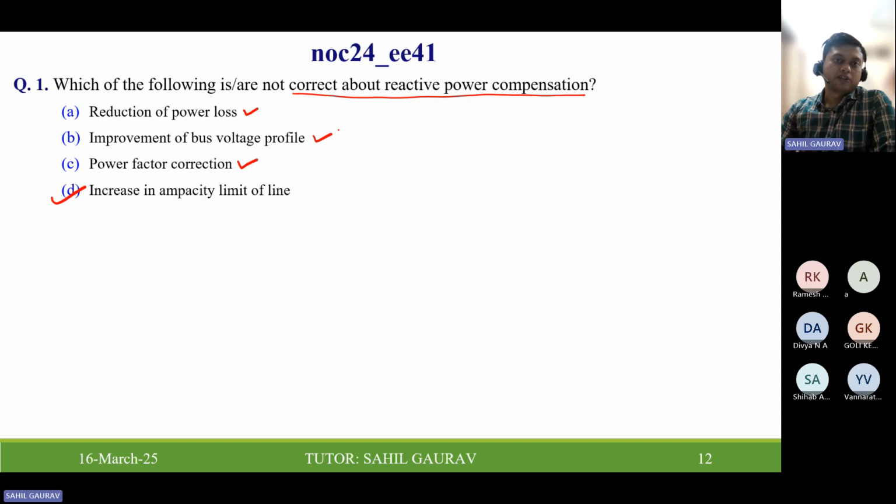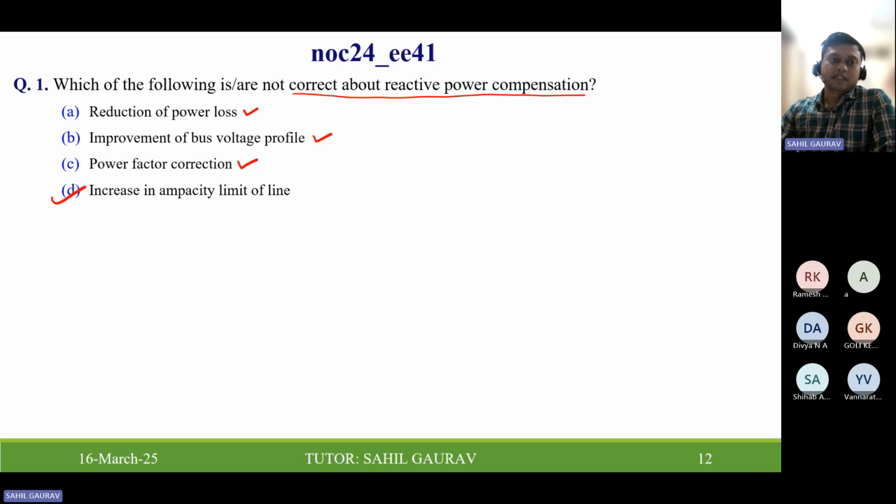Did everyone get this point or not? Because if you are doing reactive power compensation, the apparent power demand coming from the feeder is less. You are providing reactive power locally, and that leads to lesser current.